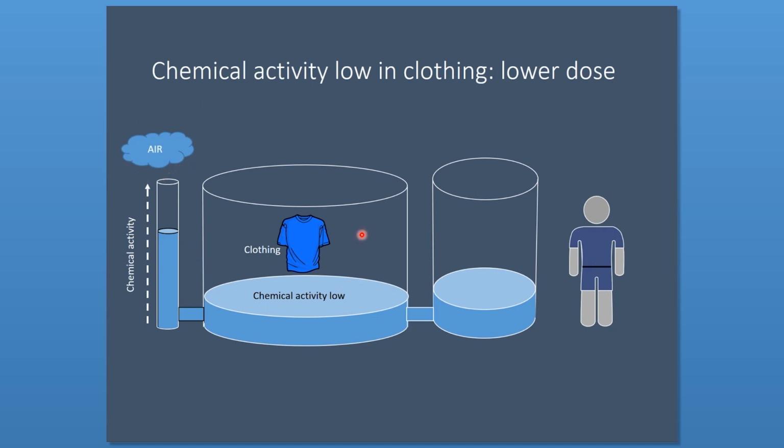The clothing is at some low activity. Let's say it's relatively clean, and therefore you would see a net chemical uptake from air to clothing. But because the clothing is on us, we would actually see maybe not so much uptake from clothing because the chemical activity is still low, and maybe even if you do it right, it's even lower than us. So that's how it would work.